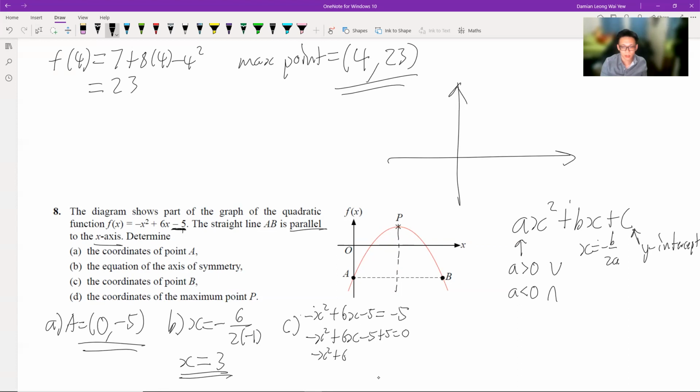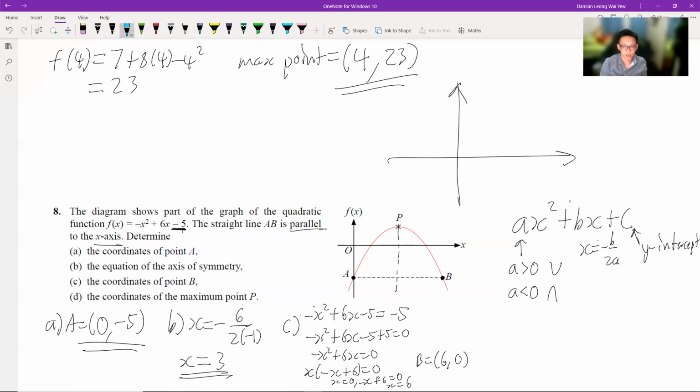So -x squared plus 6x equals 0. Factorize the x: x(-x plus 6) equals 0. Means it's either x is 0 or -x plus 6 is 0, which means x equals 6. Then I get point B, (6, 0).